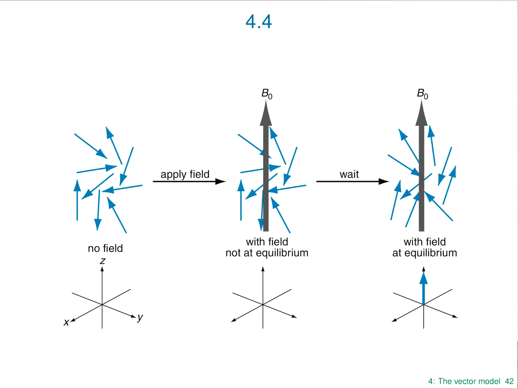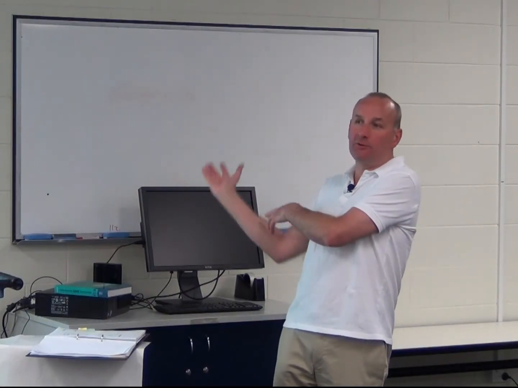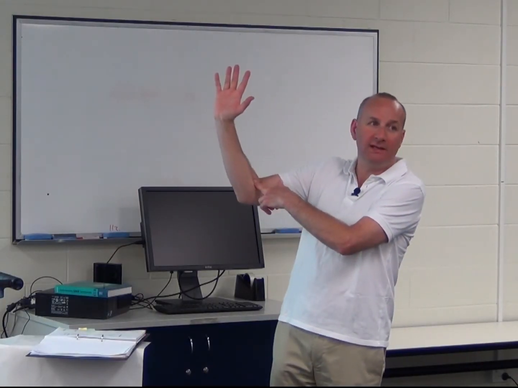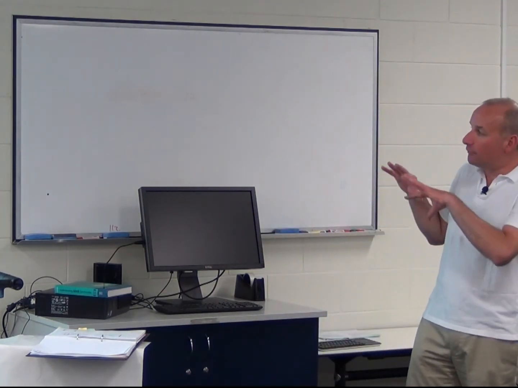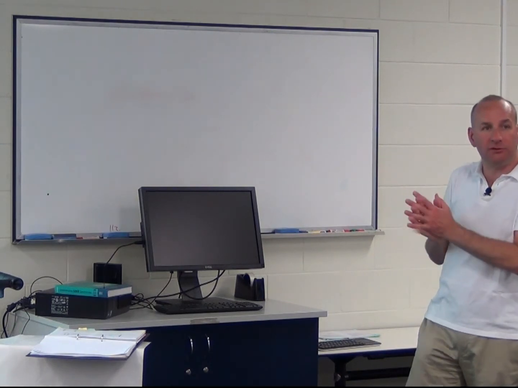Eventually you will get a Boltzmann distribution established, by which there's a slight preference for those orientations with a lower energy over those orientations with a higher energy. Remember, the lower energy orientations are the ones where the spins are closer to plus Z, and the higher energy ones are closer to minus Z. So the bulk magnetization arises from this unequal distribution of orientations.